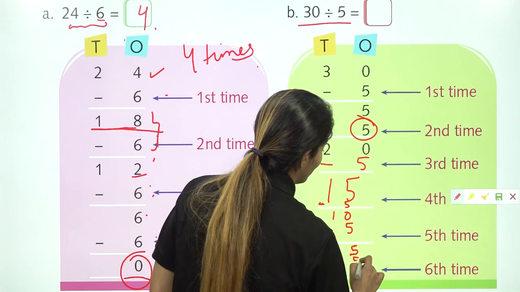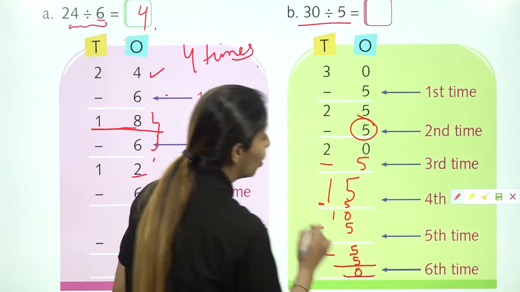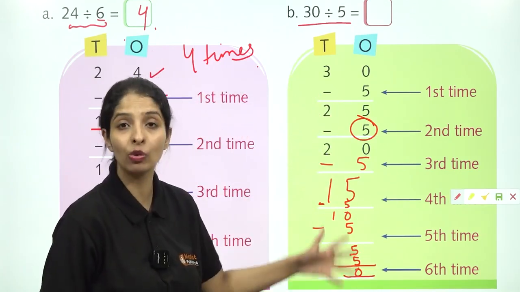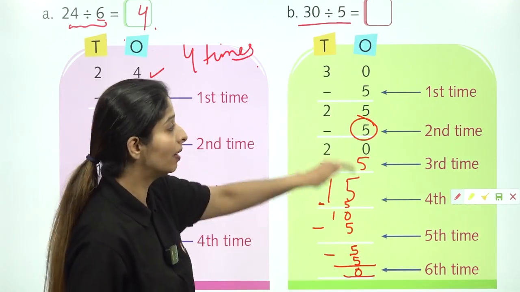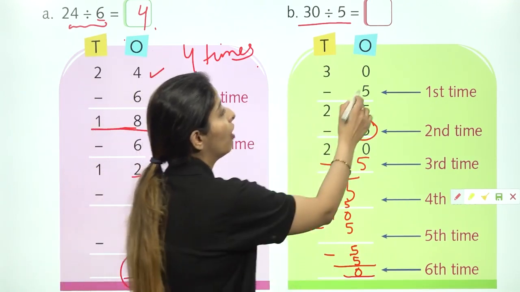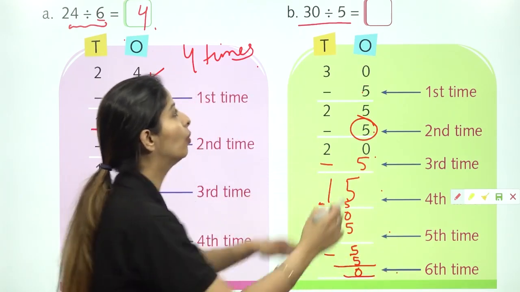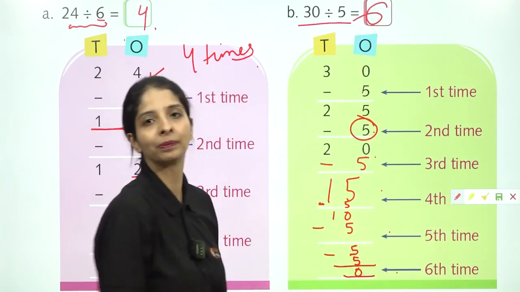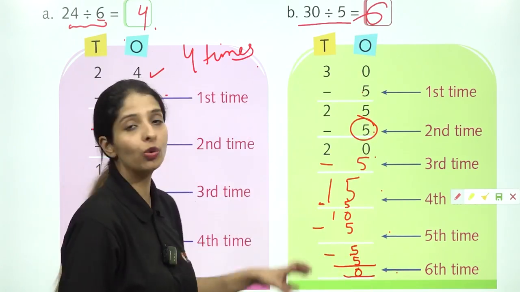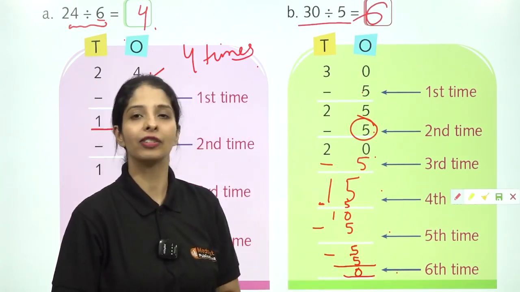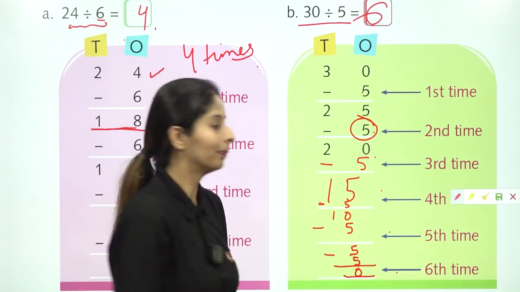So we minus 5, we get 0. So how many times did we subtract the number to get the 0? 1, 2, 3, 4, 5, 6. So answer will be 6. This is the way to show that division is a repeated subtraction.